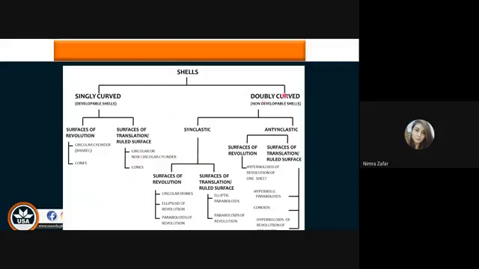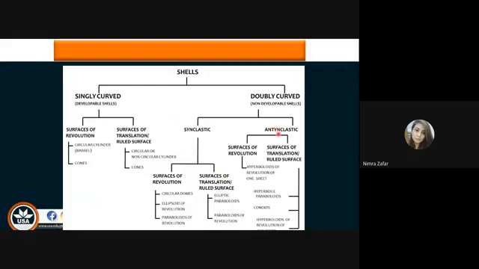Then we have doubly curved or non-developable shells, which include synclastic or anticlastic. Synclastic further includes surfaces of revolution and surfaces of translation. Surfaces of revolution include circular domes, ellipsoid of revolution, and paraboloids of revolution, and surfaces of translation include elliptic paraboloids and paraboloids of revolution.